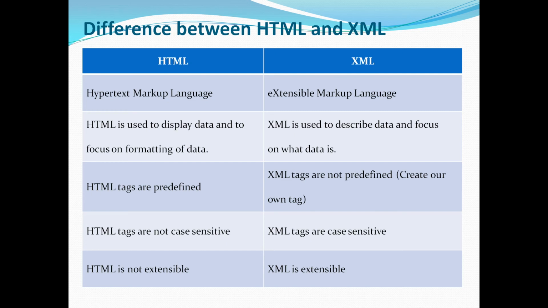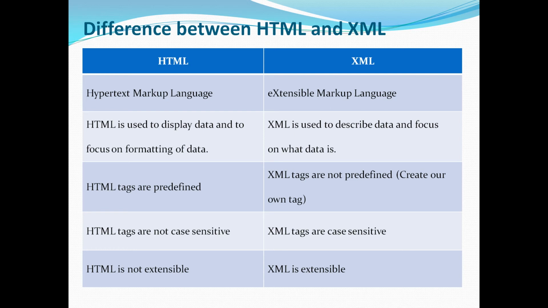HTML is used to display the data and to focus on formatting the data. How we can format the data and how we can display the data on the screen, that is mainly the focus in the case of HTML.